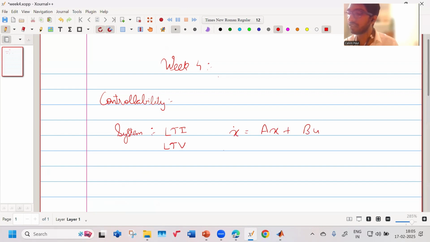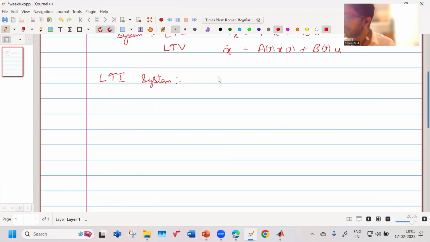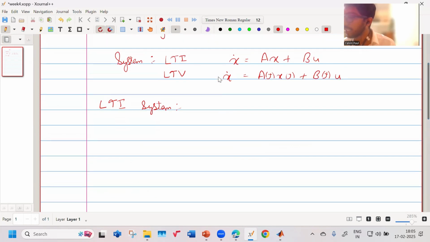The linear time varying system is given by x dot is equal to A of t into x of t plus B of t into u. Let us consider the case of an LTI system. In an LTI system, there's a formula to find controllability.